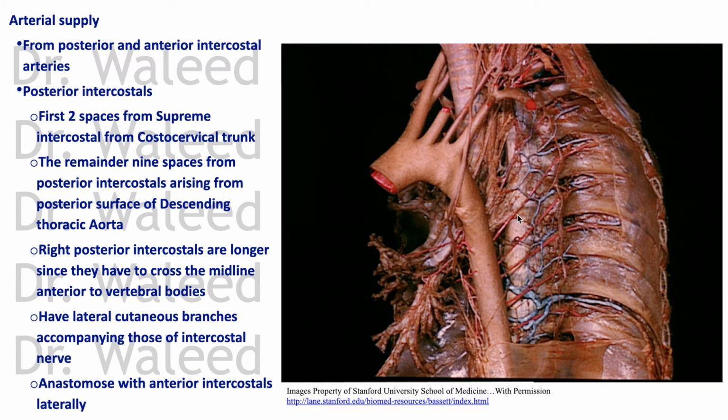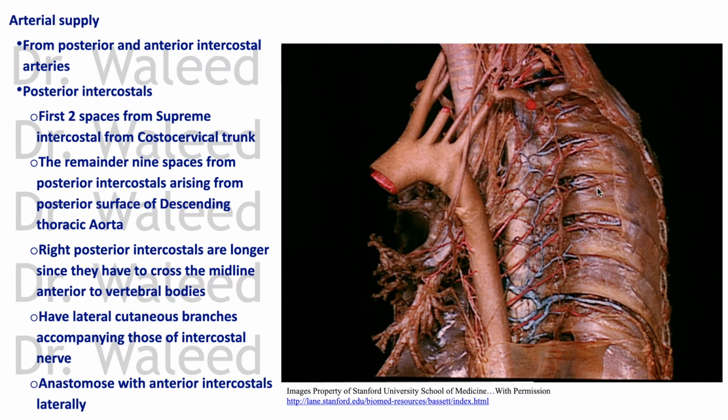What else? Like the typical spinal nerve, the intercostal artery on its way anteriorly anastomoses with the anterior intercostal at the lateral surface, and it gives a lateral cutaneous branch. Lateral cutaneous branch means that it goes out and supplies the skin and fascia. Like the typical spinal nerves, which give a lateral cutaneous branch and become the anterior cutaneous branch.